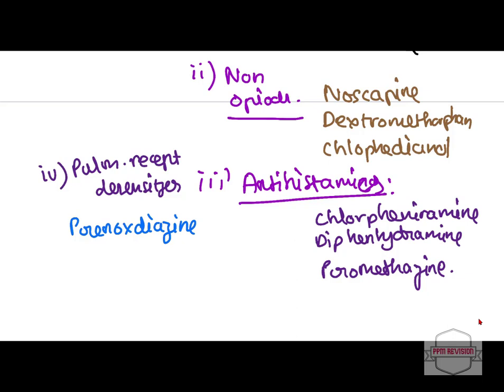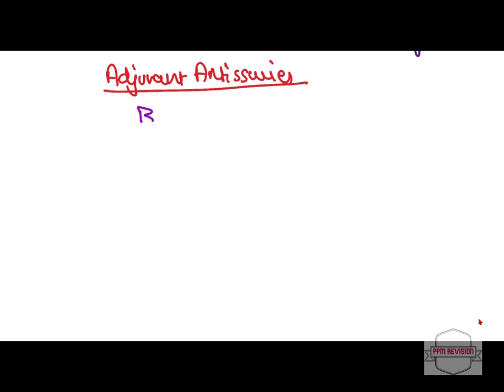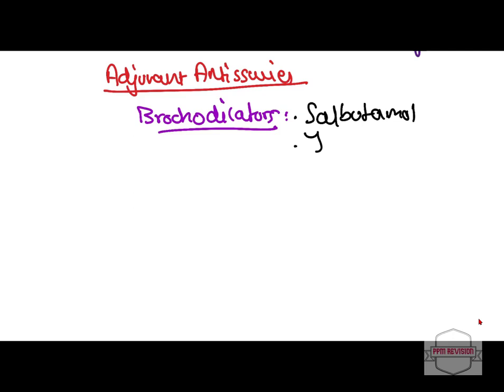Okay, now moving ahead, we'll be looking at another category, that is adjuvant antitussives. Under adjuvant antitussives, there are bronchodilators. So this category includes salbutamol as well as terbutaline.